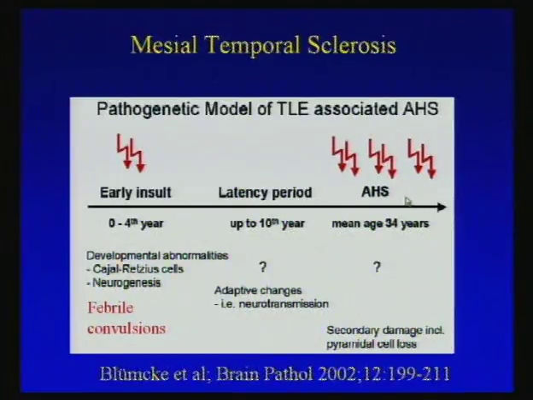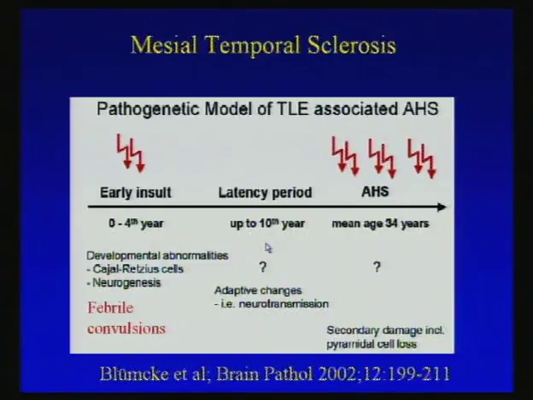The pathogenesis of Ammon's horn sclerosis or mesial temporal sclerosis is that there's an early insult in the first years of life. The child may have febrile convulsions or anoxia, and there is evidence on histology that there is some neurogenesis occurring at this time.